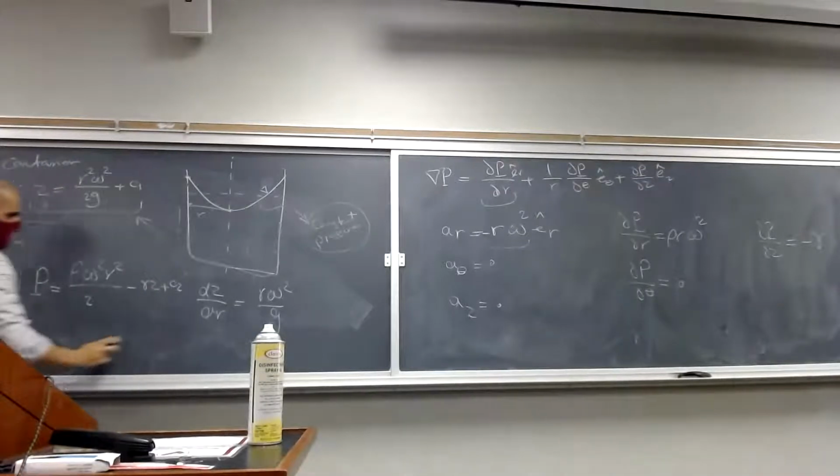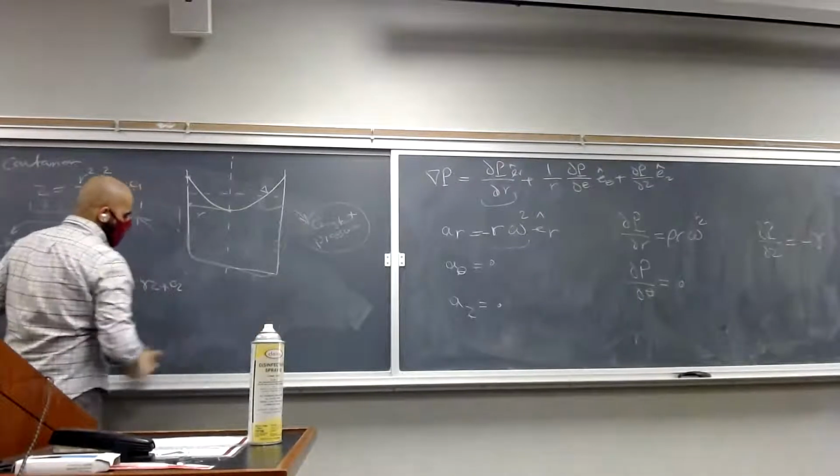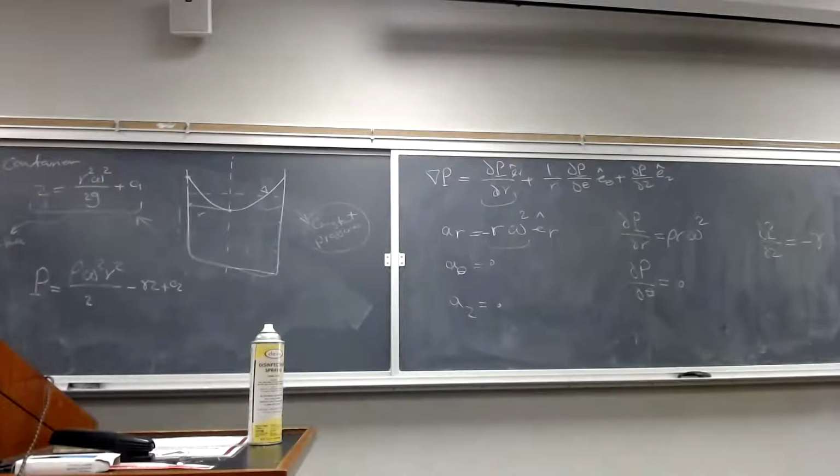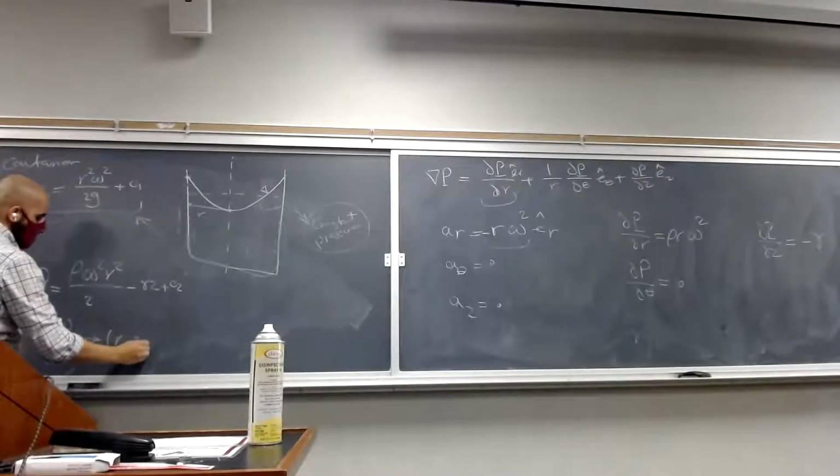We can determine this constant for a given pressure at a given location. So to determine this constant, we have to have a pressure, let's call it P1, at R1 and Z1.